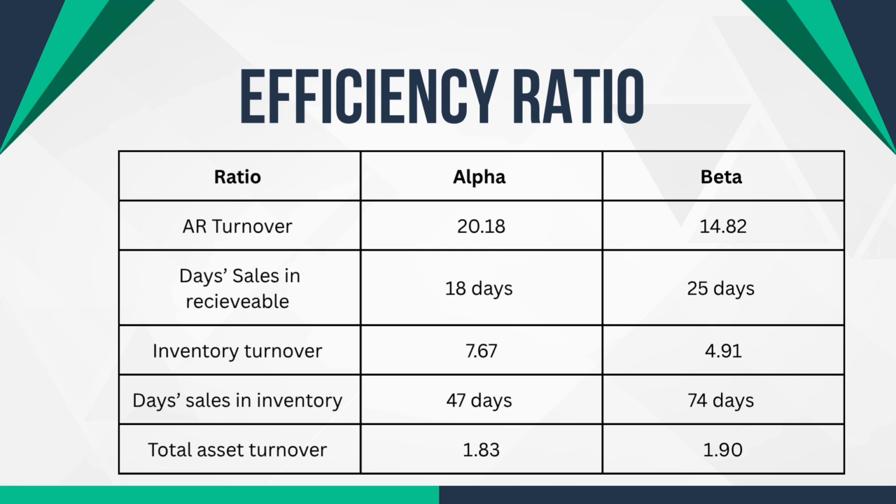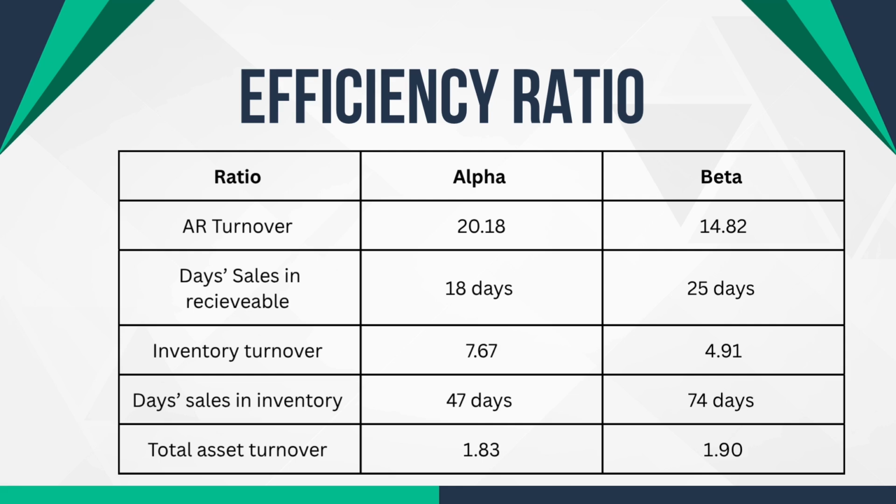So in this slide we can talk about the efficiency ratios. AR turnover for Alpha company is 20.18 and for the Beta company is 14.82. And also days sales in receivables for Alpha company is 18 days and for the Beta company is 25 days.